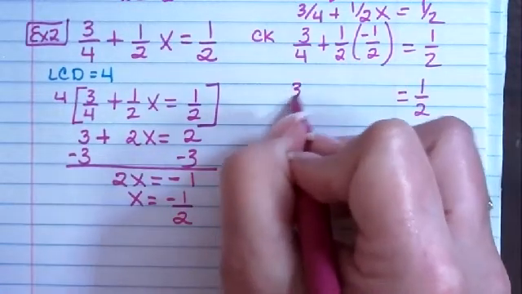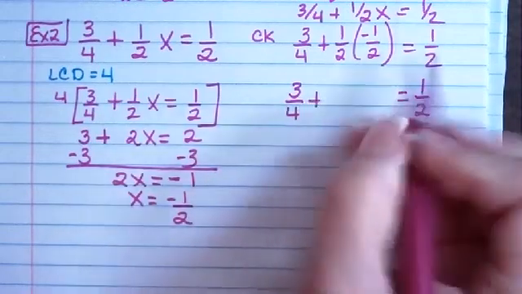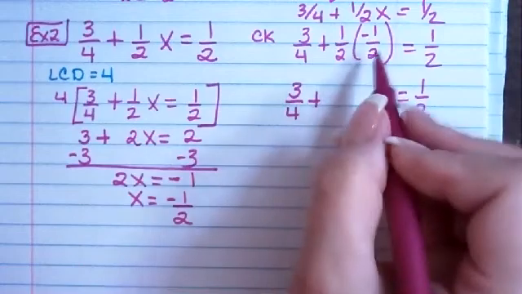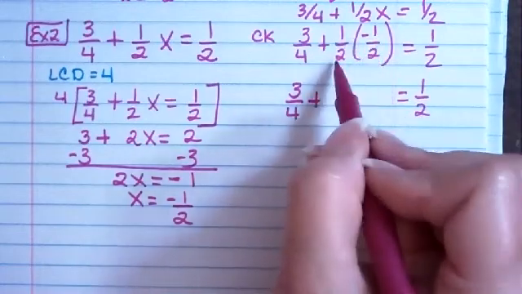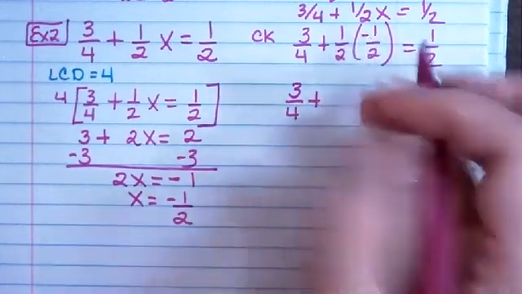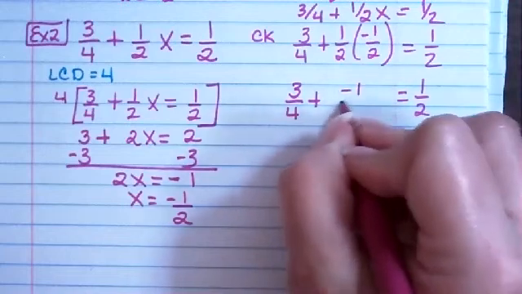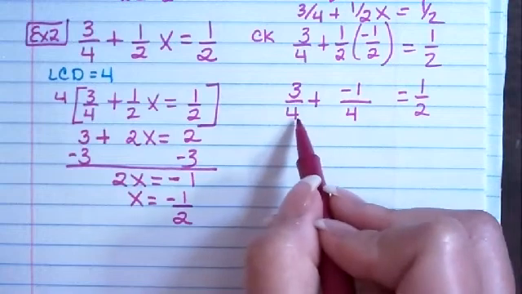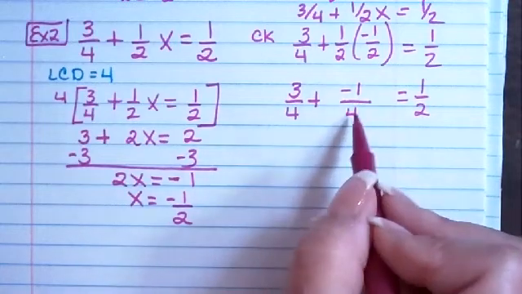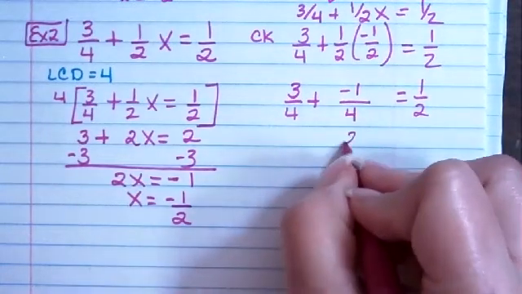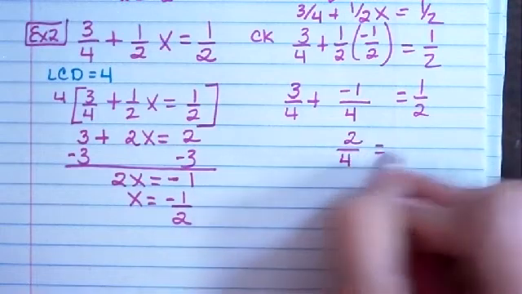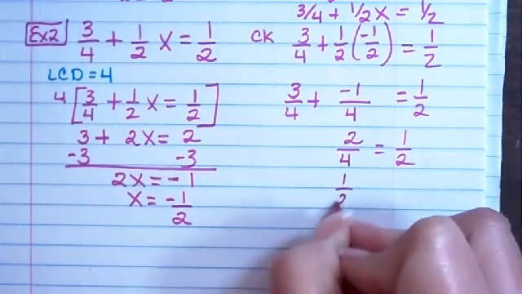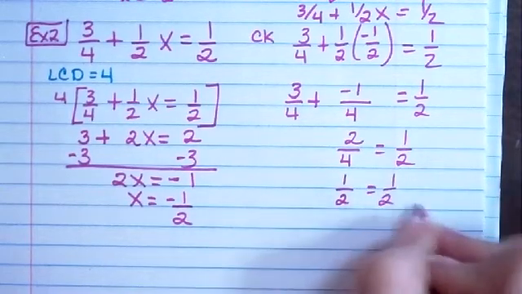So that's 3/4 plus, we've got to multiply here. When we multiply, we multiply our numerators and our denominators. So 1 times -1 is -1, and 2 times 2 is 4. So on the left side, I've got 3/4 plus -1/4, which comes out to be 2/4. But we know that 2/4 simplifies to 1/2, and that does check out.